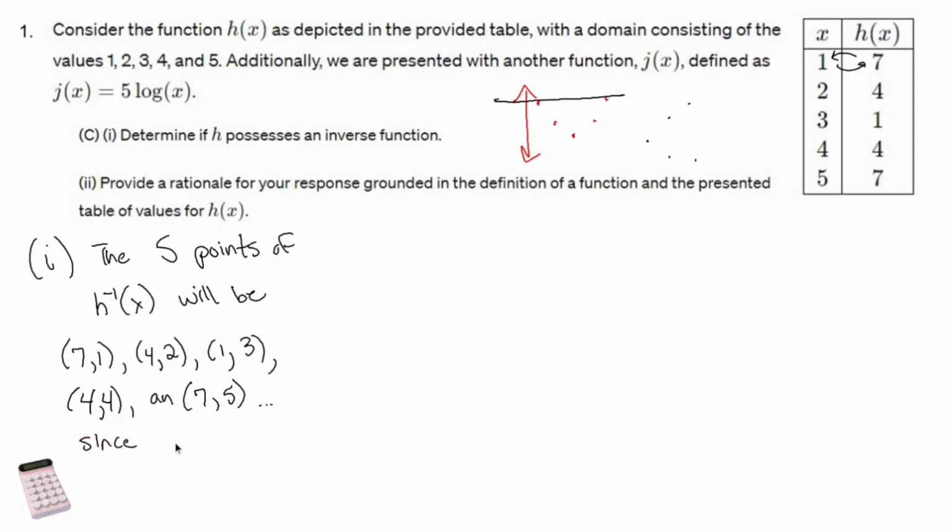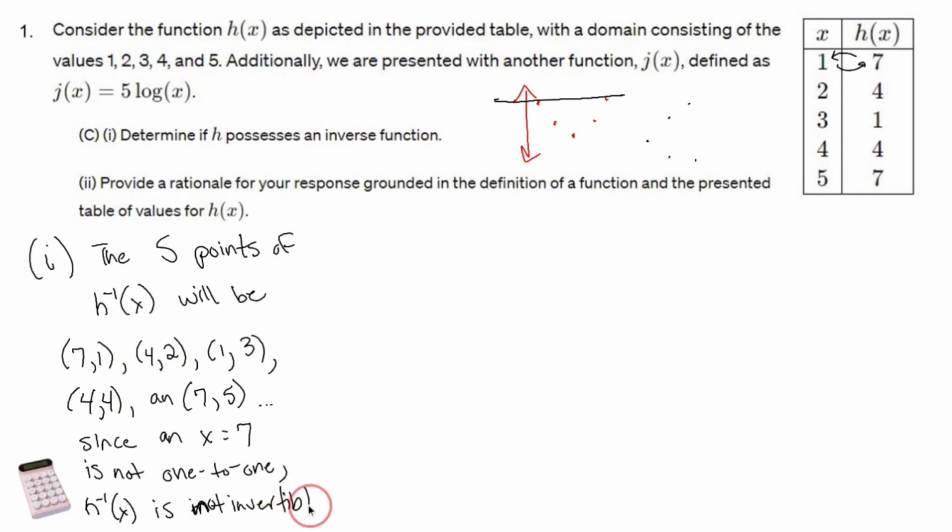Since an x equals 7 is not 1 to 1, H inverse of x is not invertible.